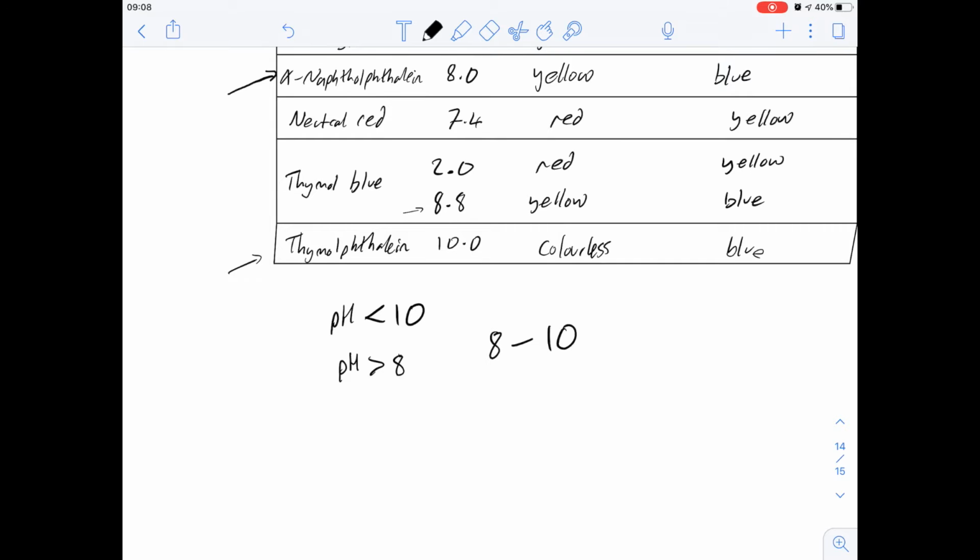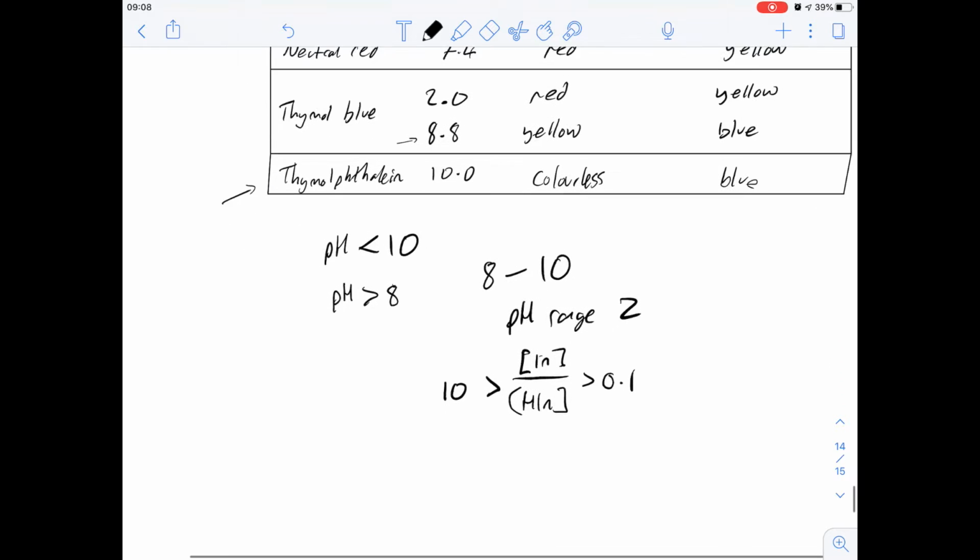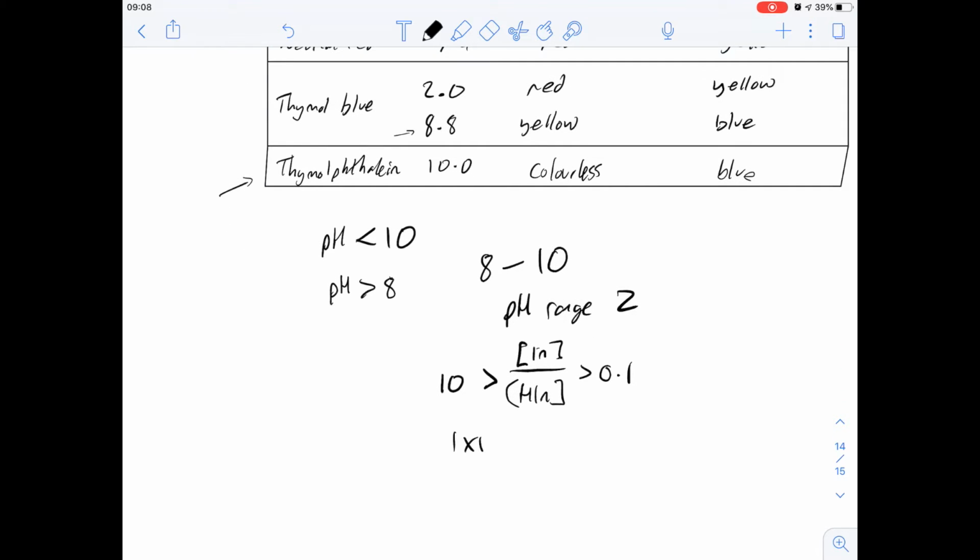So we've got a pH range of 8 to 10, so that's a pH range of 2. And remember, pH is a log scale in terms of a factor of 10, right? So it's going to be a log 10 scale. If we were to move from, and we're given this expression here, what these two values are is 1 times 10 to the 1, moving down to 1 times 10 to the minus 1.